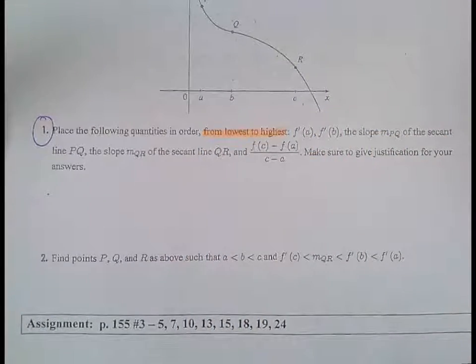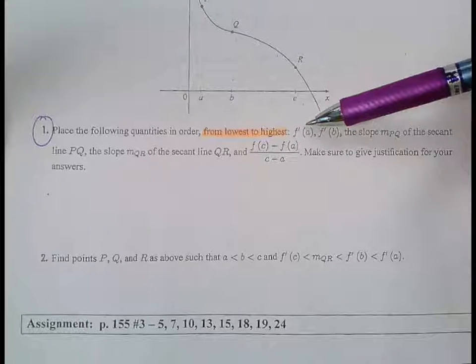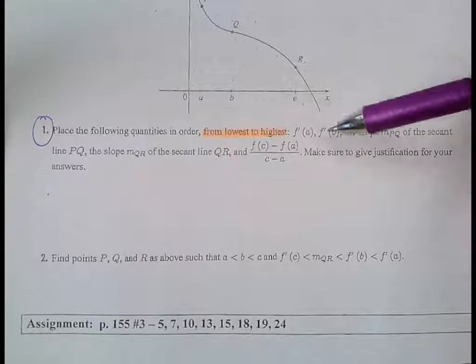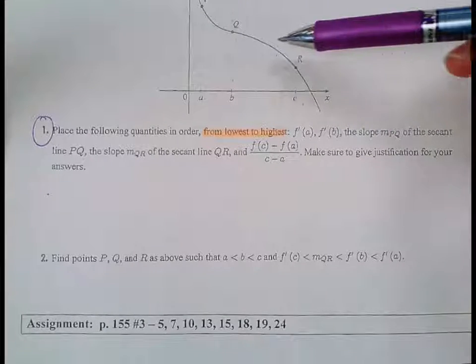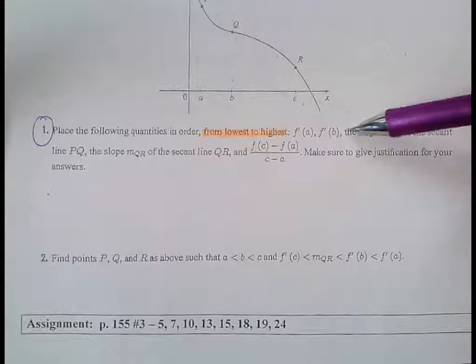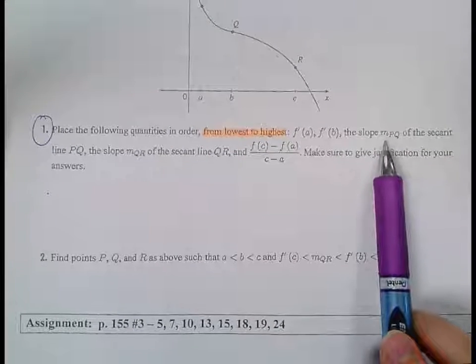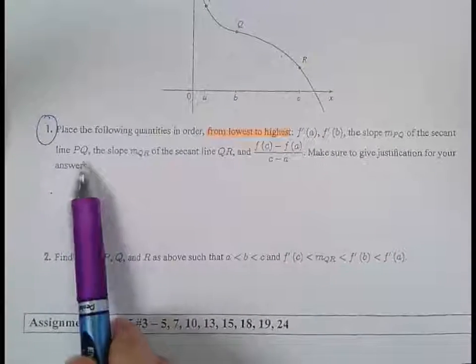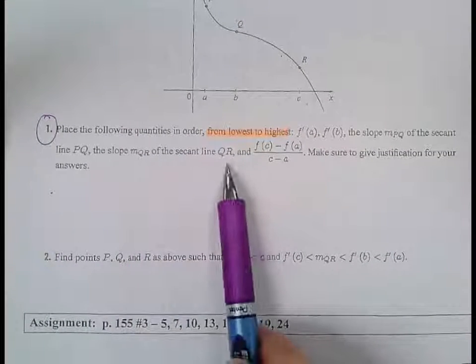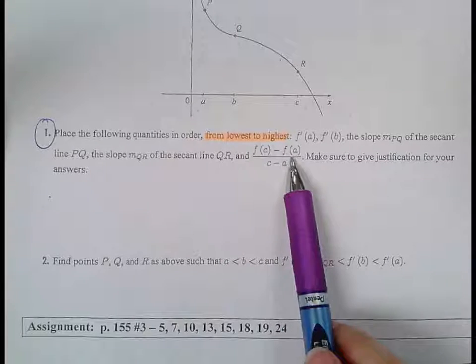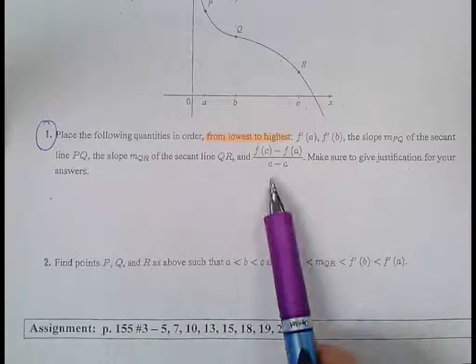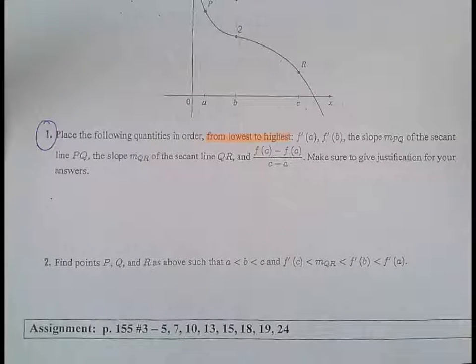And it gives you f prime of A. So you have to think about what does f prime of A represent on the graph. F prime of B, what does that represent on the graph? The slope of PQ, so the slope of line PQ. The slope of the secant line QR, and then f of c minus f of a over c minus a. Again, you have to think about what this means on the graph. So you're placing those 5 quantities in order from lowest to highest.